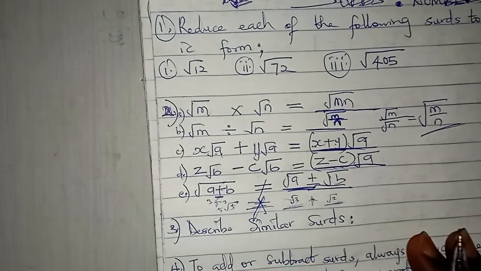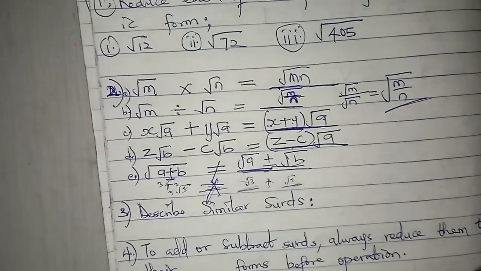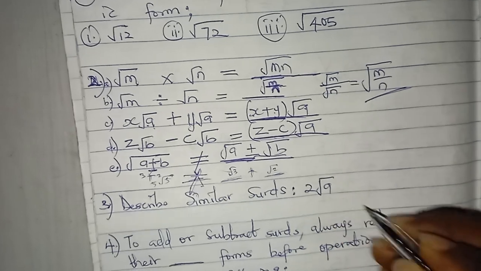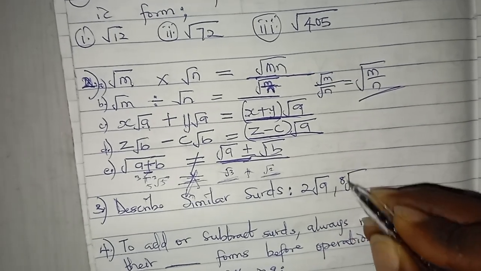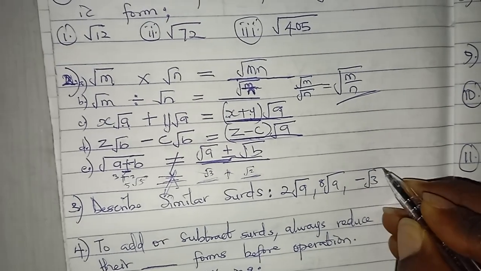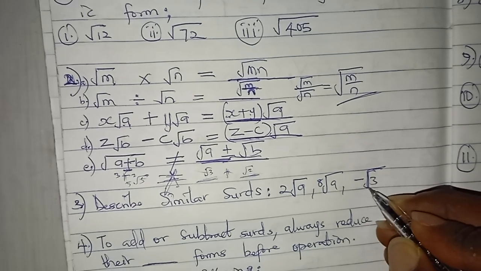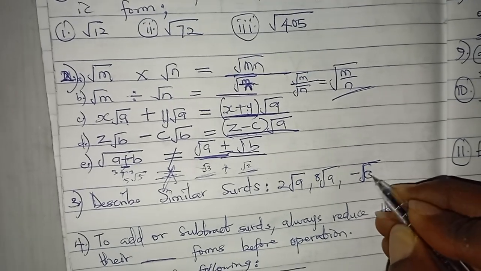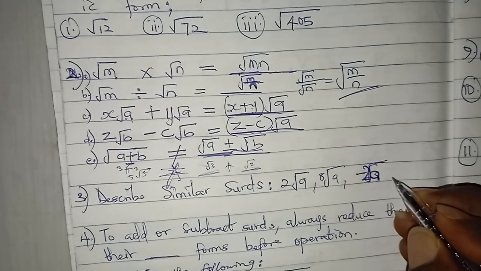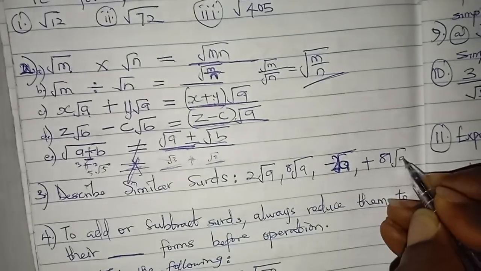Alright, they say describe similar surds. A surd is said to be similar if what is inside the root is the same. So if I have 2 root a, I have 88 root a, minus 3 root a, then let's say I have 2 minus 2 root a, then plus 81 root a.